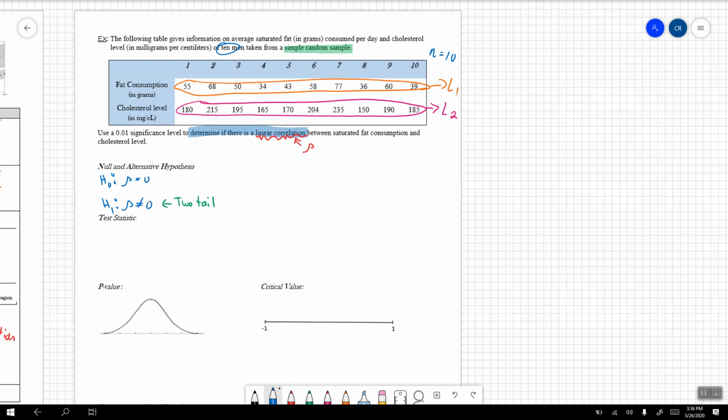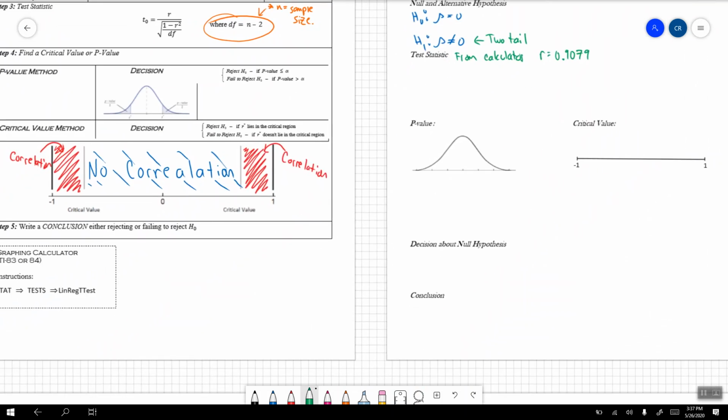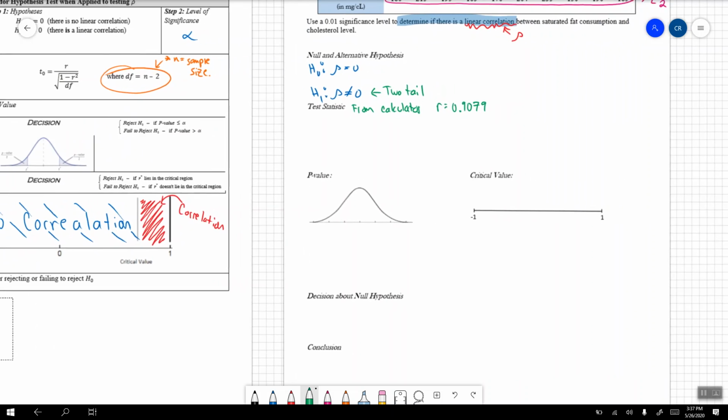So really quickly, I'm just going to make a note here: from calculator, correlation coefficient was 0.9079. And why do I want this correlation coefficient? Well, in order for me to calculate this test statistic, I need to figure out what my R value is.